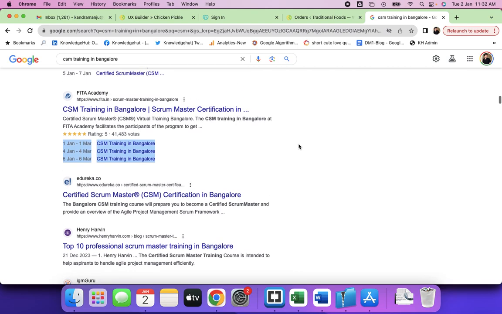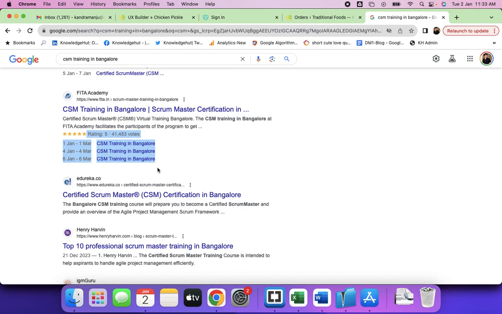Okay. So this shows up like this only when this information is wrapped by the schema. There is something called schema which we will be discussing in the coming classes. Any information on your web page, when it is wrapped by the schema, gives a rich presentation on the search results.